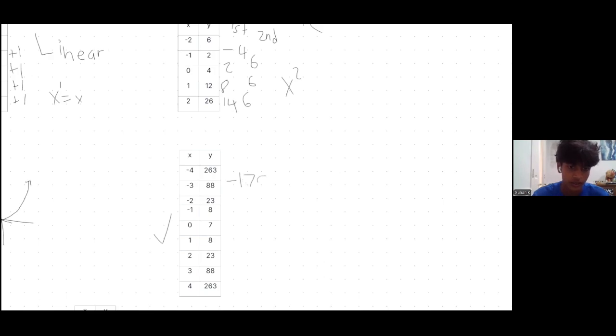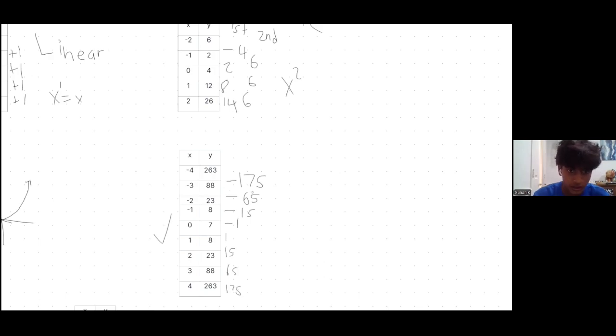Then 23 minus 88 is -65. Then 7 minus 23 is -15, and 7 minus 8 is -1. And then it increases the same way: 1, 15, 65, 175.